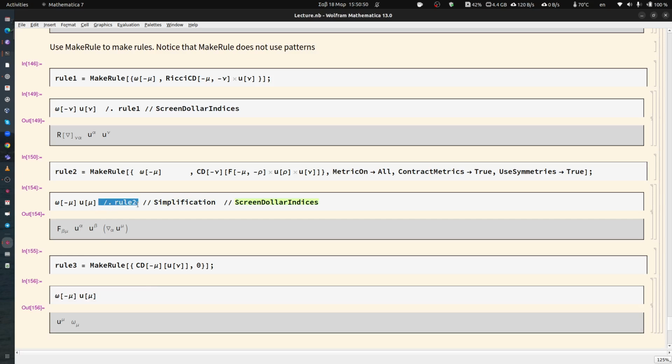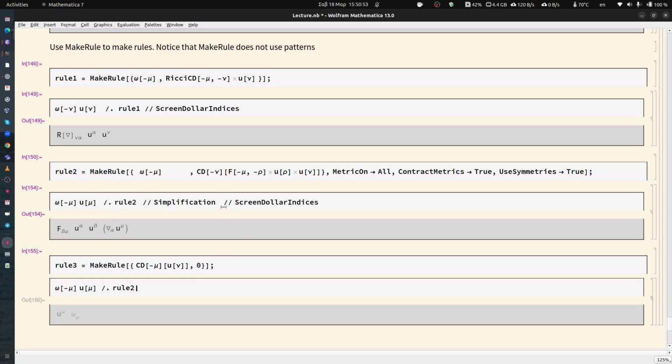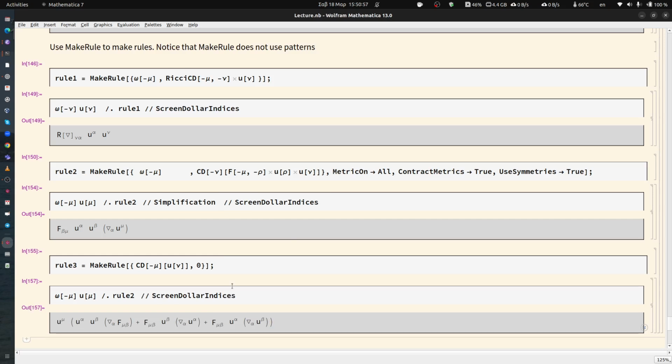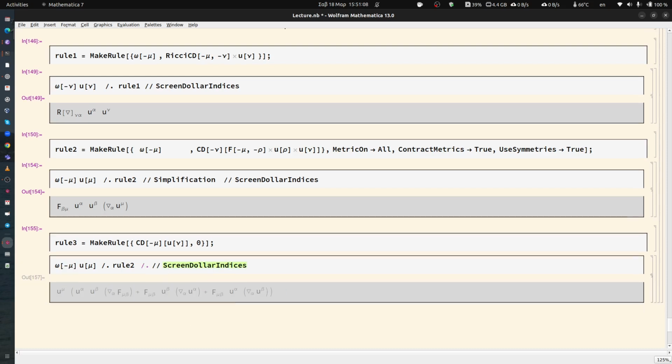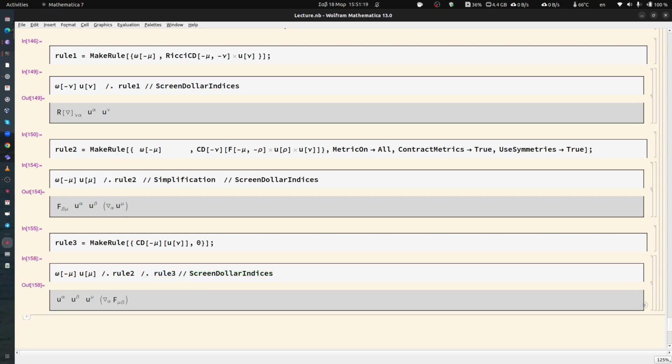Let's apply rule number 2 to obtain this. So here you see that we have two terms that involve the derivative of u, and we can get rid of them by applying rule 3. So this is the final result.